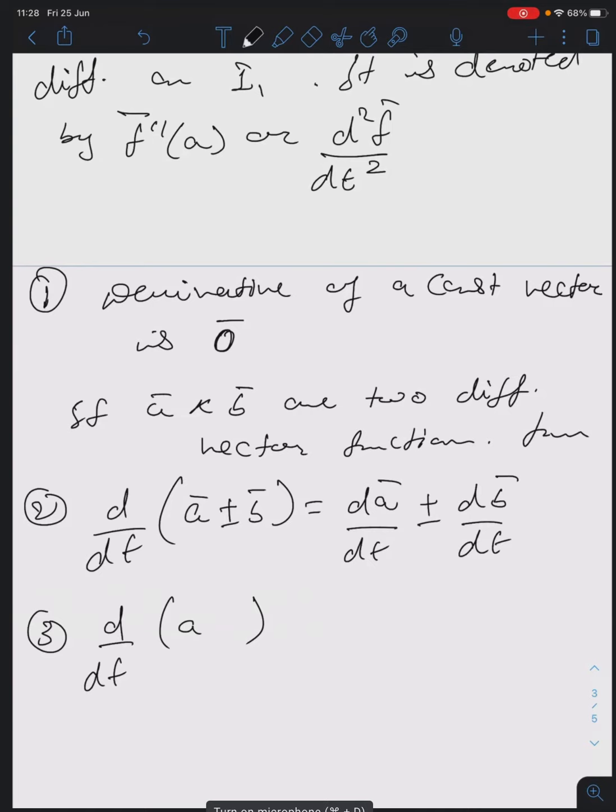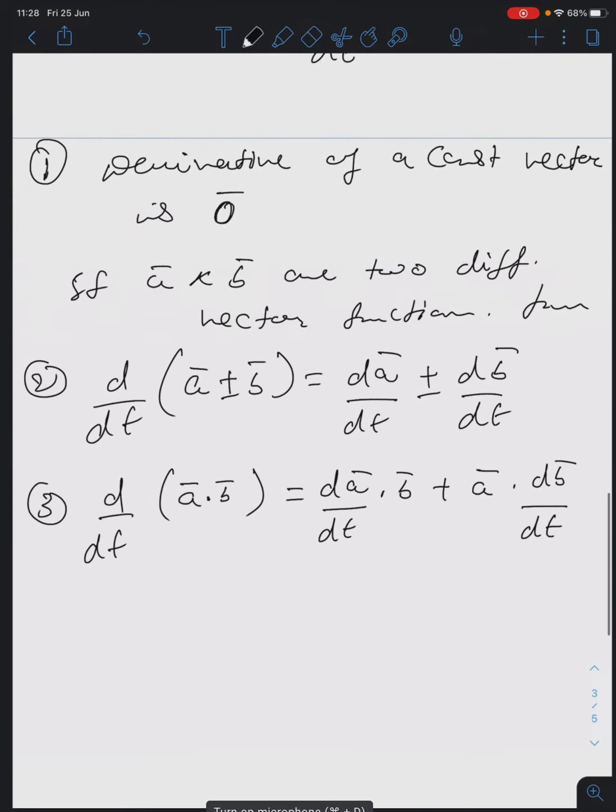So you should have a good knowledge about dot products and cross products, about vectors and scalars. So A bar dot B bar, if I take the dot product between these two vectors and differentiate it, the result will be dA bar by dt dot B bar plus A bar dot dB bar by dt. You write along with me.